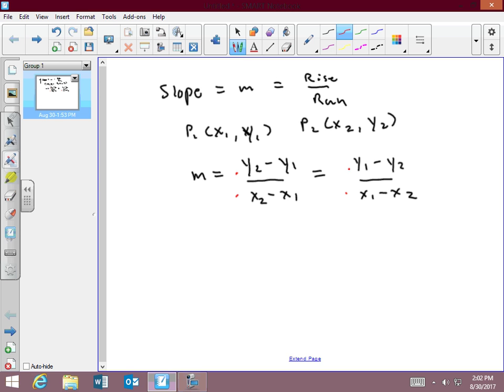So if they turn out to be positive. If the answer would be negative, then one of these 2 would be negative, and if, for example, if this were positive and this were negative, then over here, this would be negative and that would be positive. It'd still be a negative number.